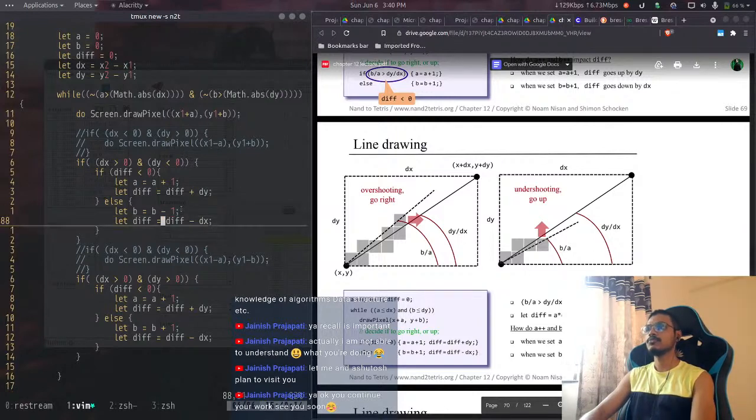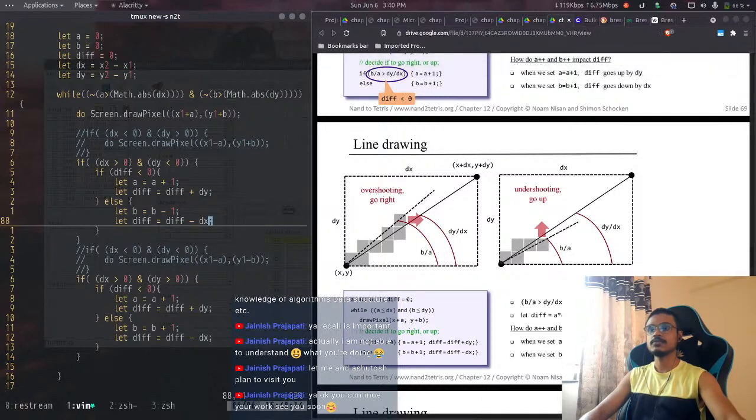What about difference? Wait a minute. So if we decrement B, what should happen to difference?